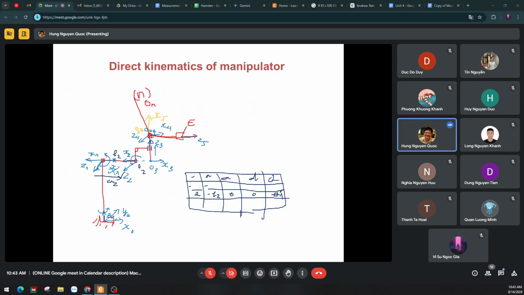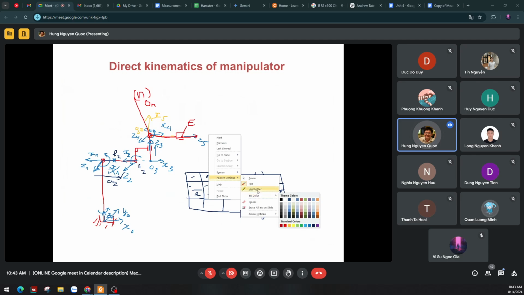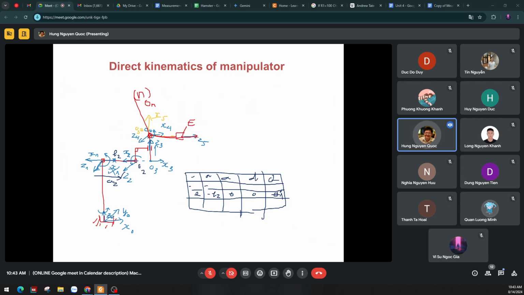If you choose one more coordinate at the endpoint, this is the endpoint, so this Z6 is the same, and you also choose x6.